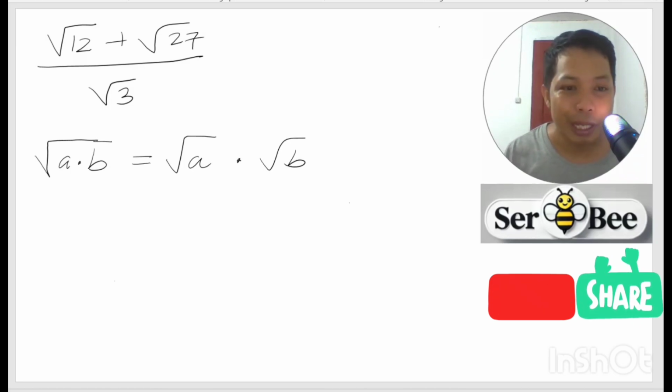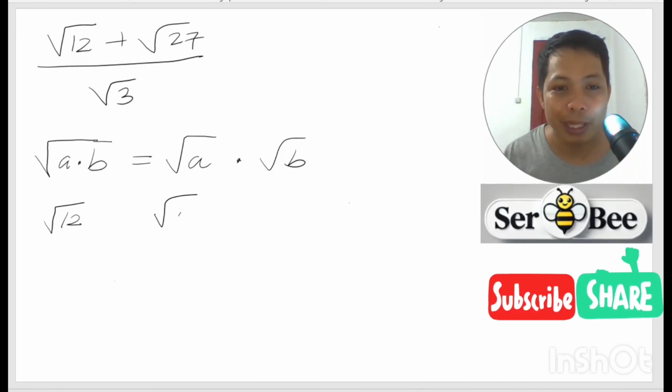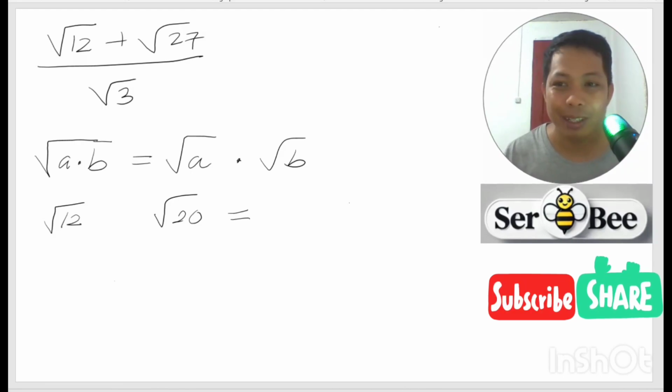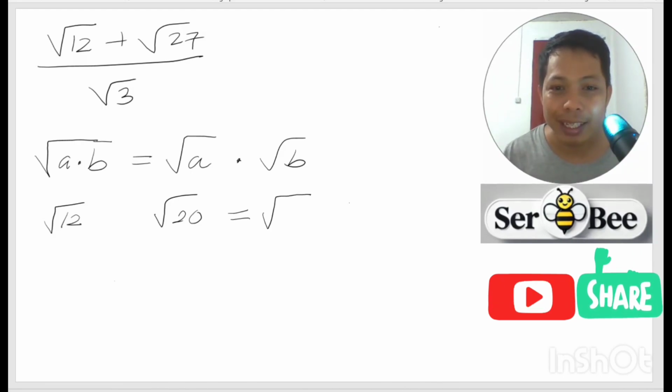We know that square root of 20 is not a perfect square, but it has a factor which is a perfect square, right? So square root of 20 can be written as the square root of 4 times 5.